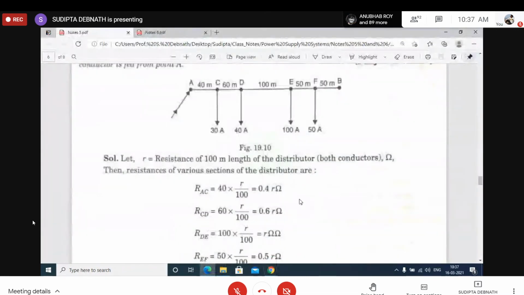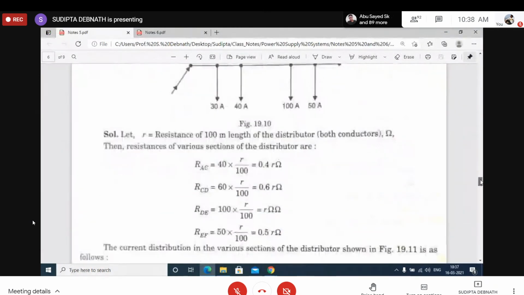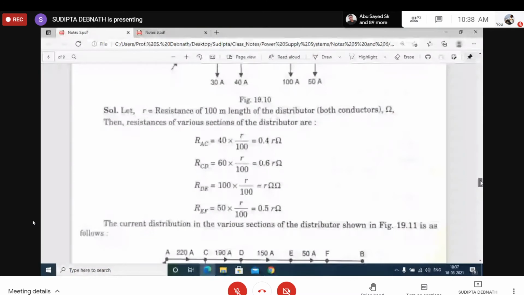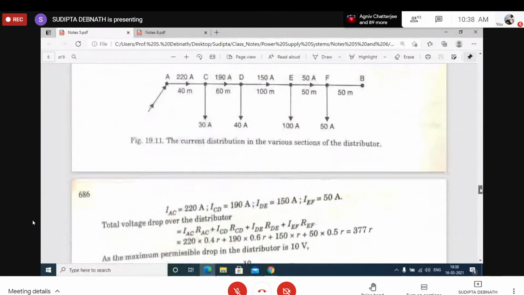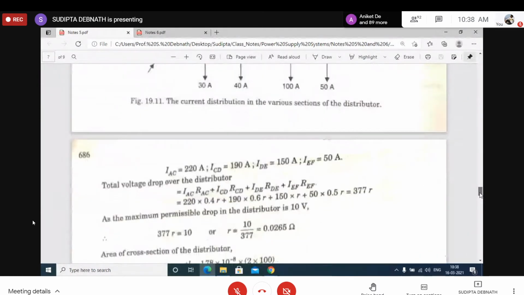They have found out the resistances of each section, and then the current in each section. Then they have added the voltage drops: just IAC into RAC plus ICD into RCD. Like that, they have added all of this and equated it with 10.